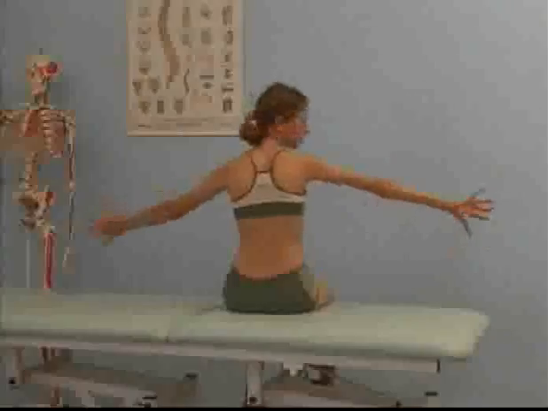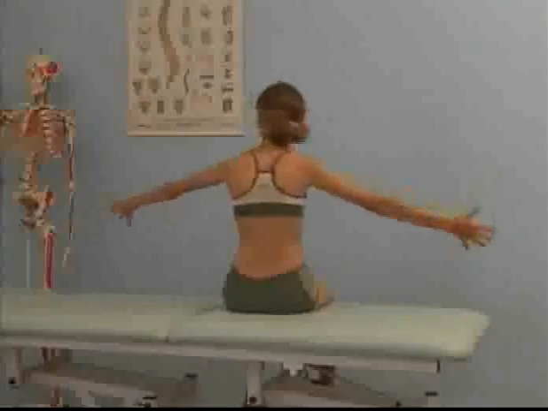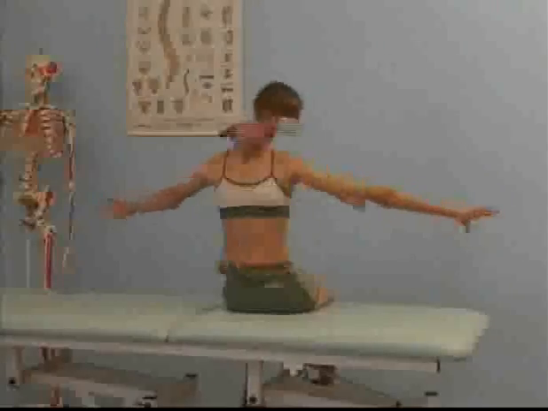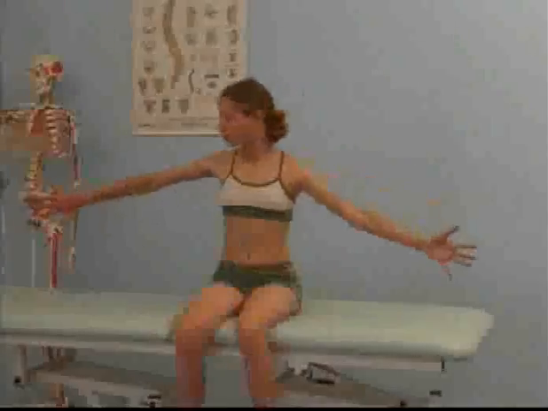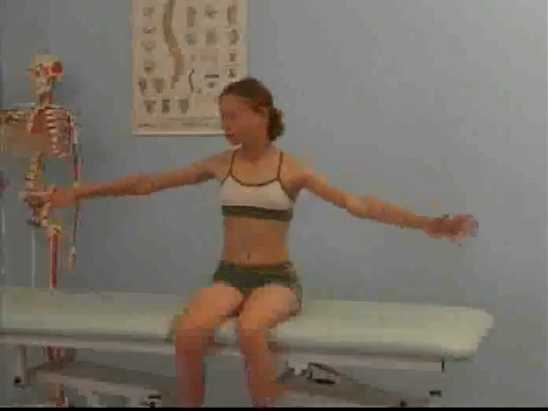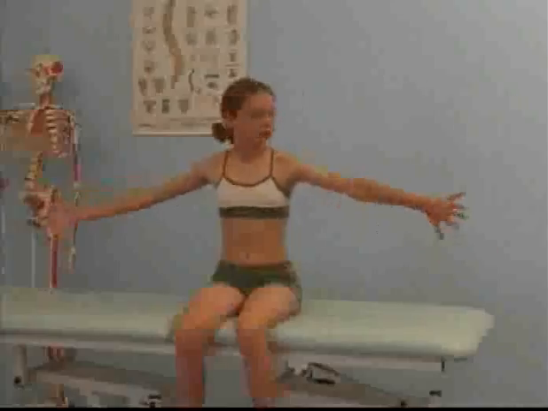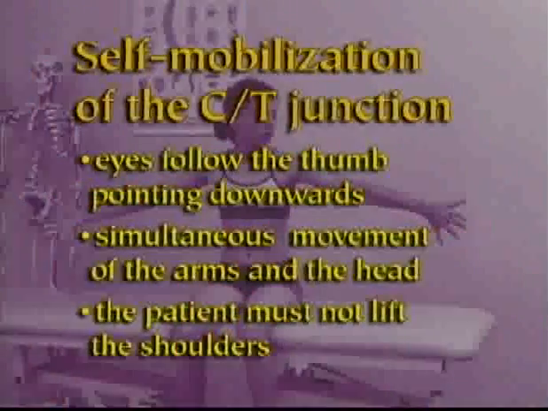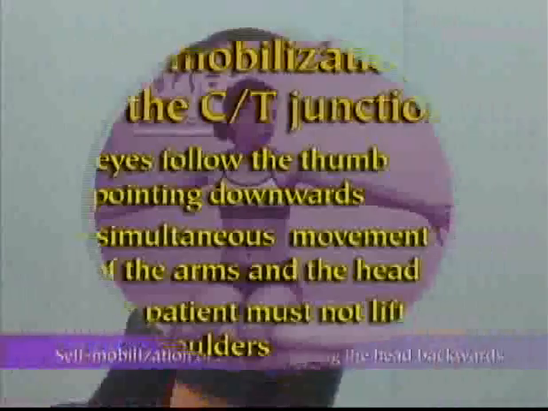He now simultaneously turns his head and his arms, looking towards the side where the thumb points down rhythmically. 1, 2, 1, 2. He must not lift his shoulders. This is a very useful alternative technique.